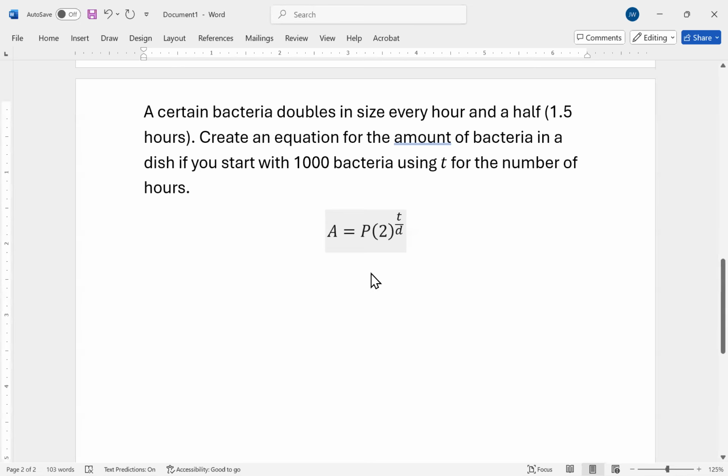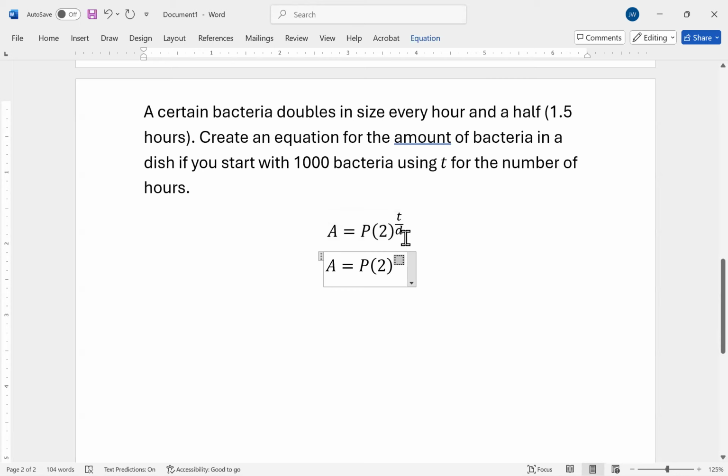All right, this is telling me a time it takes to double. So I'm using my exponential formula with a doubling time here. So that's going to be A equals P times 2 to the T over D. T is amount in time. Time is going to be in hours in this case.